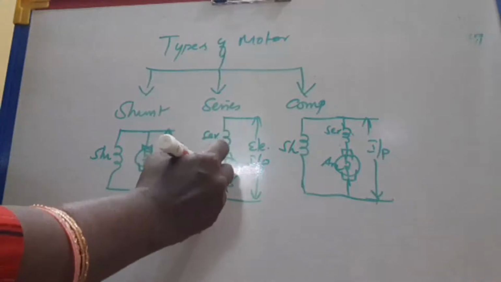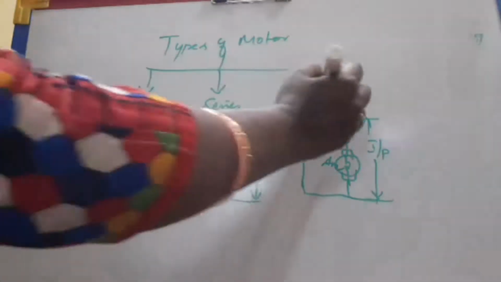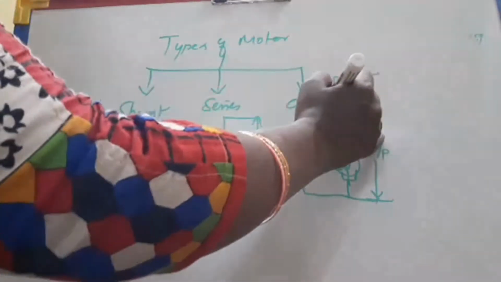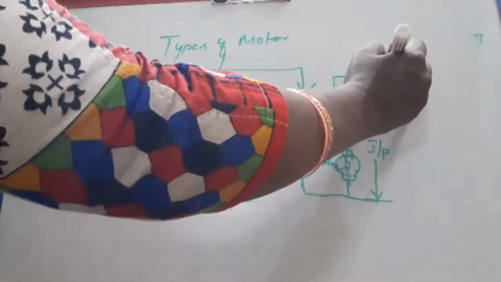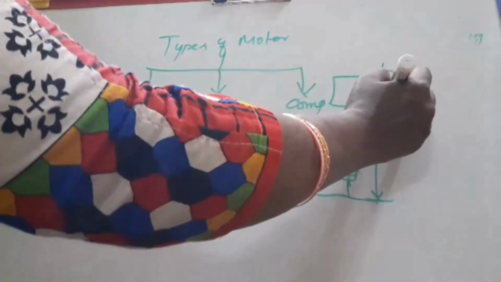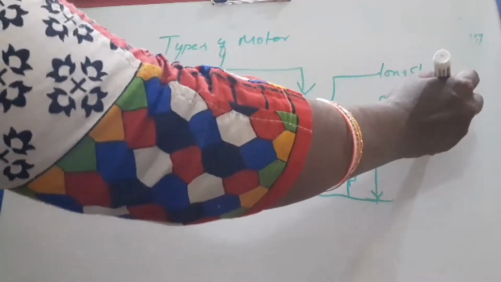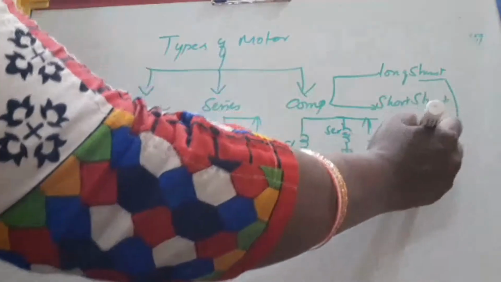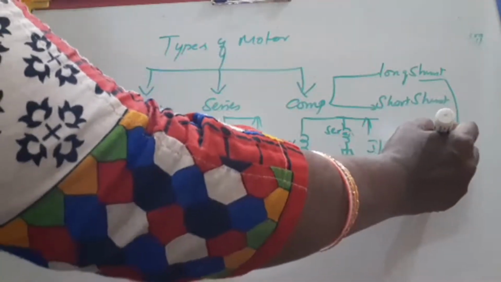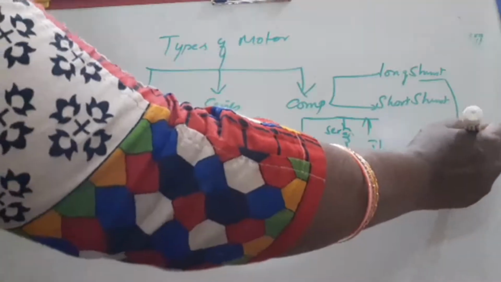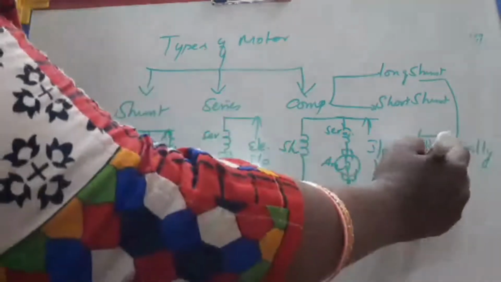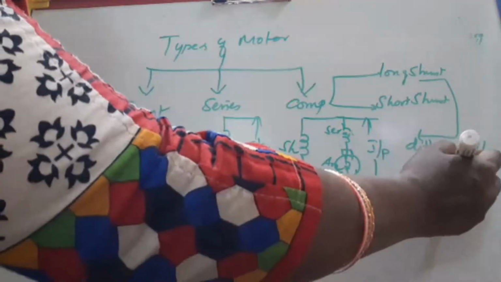So again, the compound motor is connected in two ways, long shunt and short shunt. In the long shunt and short shunt, again we can take two types: differentially compound and cumulatively compound.